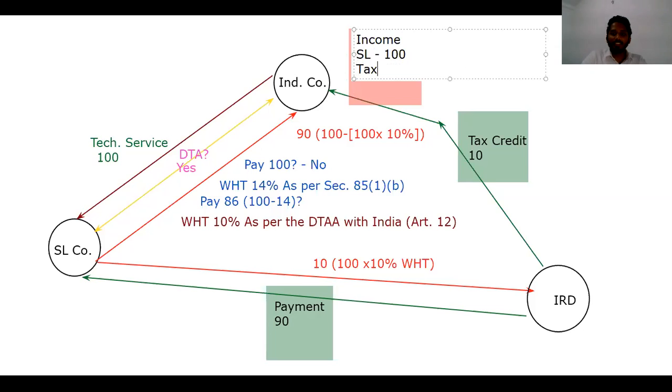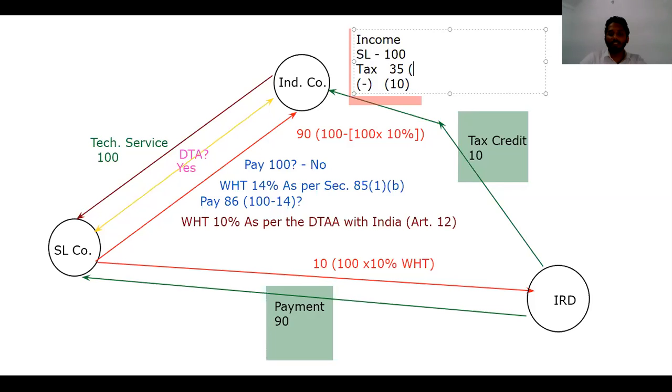Then the tax rate is, let's say, 35%. Then tax is 35. Then what they can do is deduct this tax credit of 10%. They need to pay only 25.